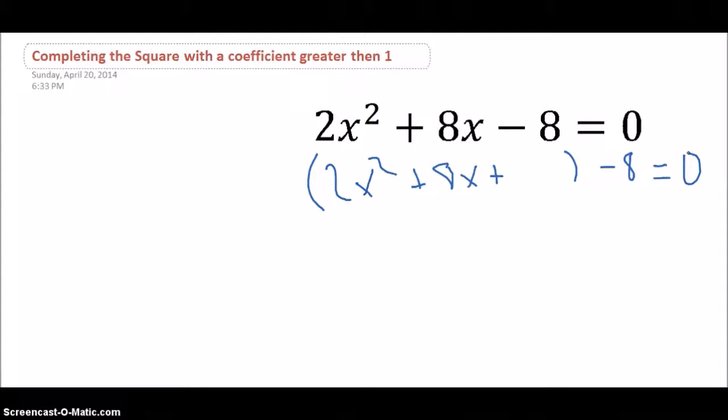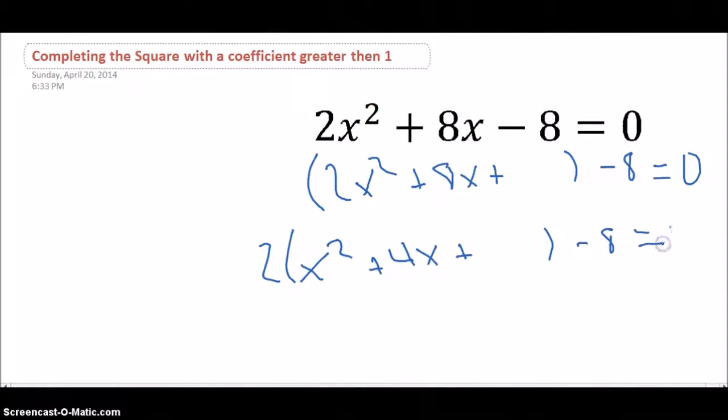As you can see, there is some factoring we have to do before we can complete the square. We have to take the 2 out. So that leaves us with 2 times x squared plus 4x plus something, leave a little space for that, minus 8 equals 0.